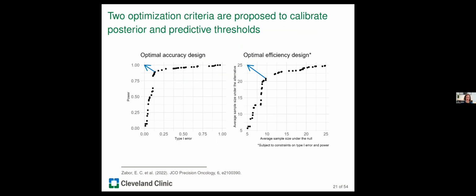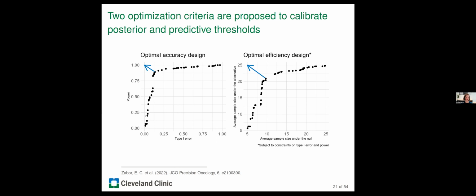And so the new work here is that I'm proposing 2 optimization criteria to calibrate these thresholds. I'll describe them visually first, and then I have some more details on the next slide. On the left here, the first criteria I'm calling the optimal accuracy design. This criteria has to do with the type 1 error and power. Each of these points on this plot represents one of the 40 design options that I showed previously on the slide.